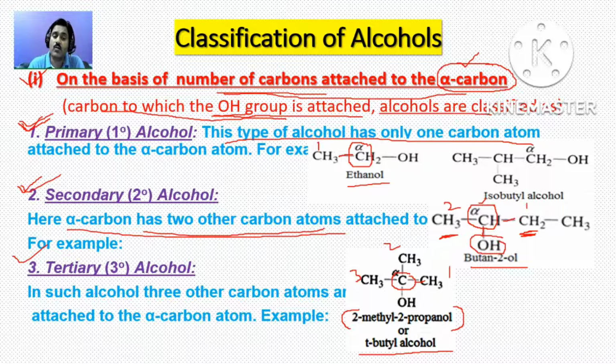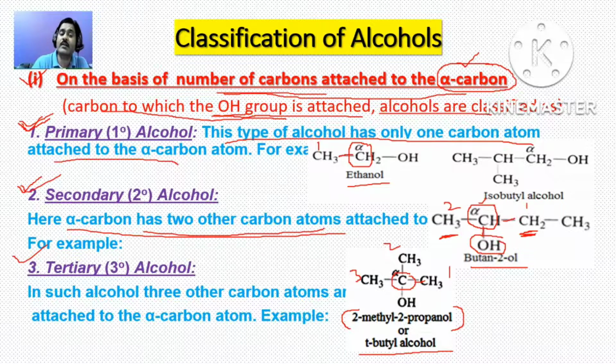Now, on the basis of the number of carbon atoms attached to the alpha carbon atom: what is the alpha carbon atom? It is the carbon to which the OH, the hydroxyl group, is attached. If the alpha carbon atom is combined with only one carbon atom, that is called a primary alcohol.